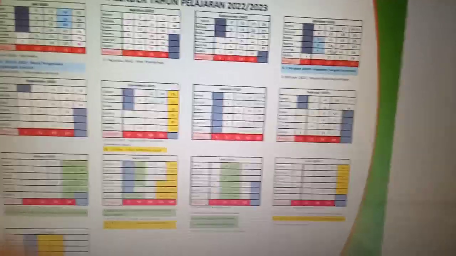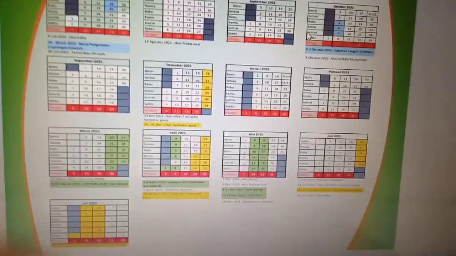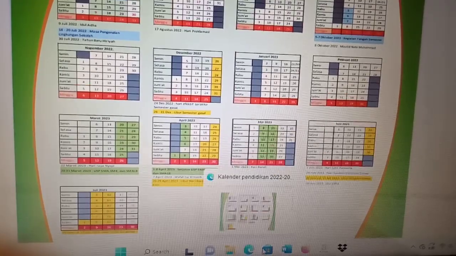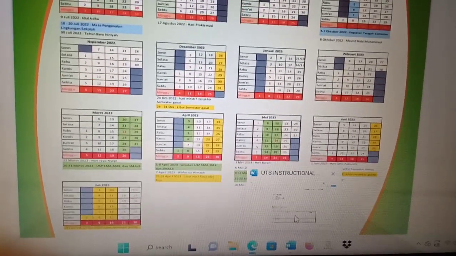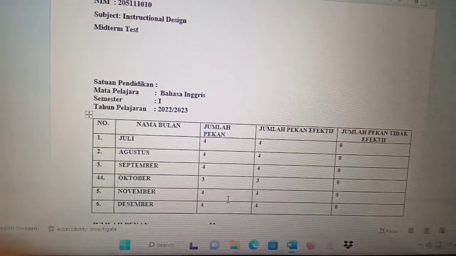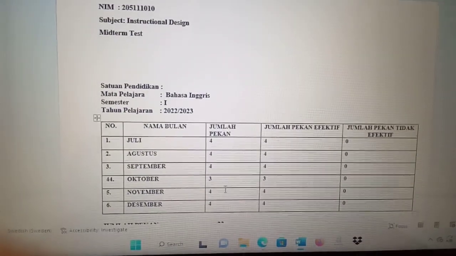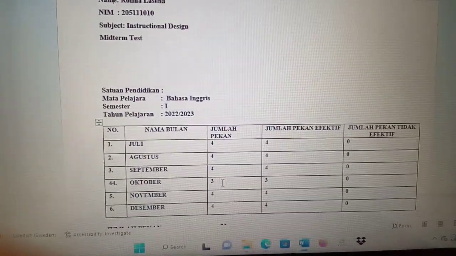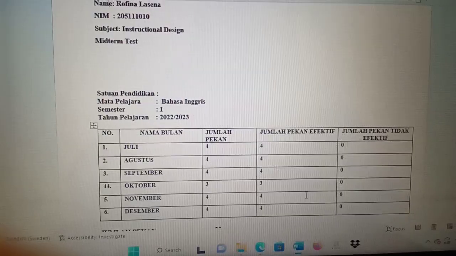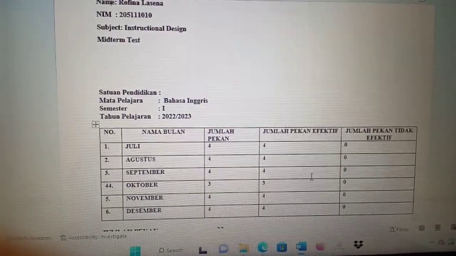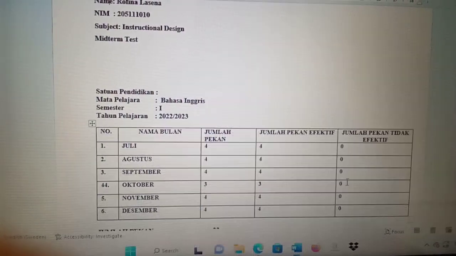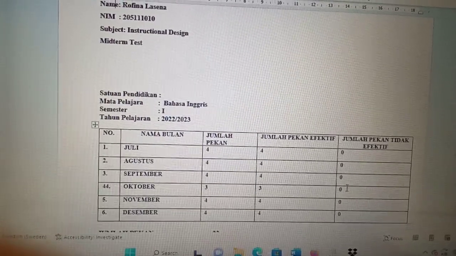So in the month of October, there are only 3 effective weeks. So the total weeks are 3, minus 3 effective weeks, equals 0 ineffective weeks.